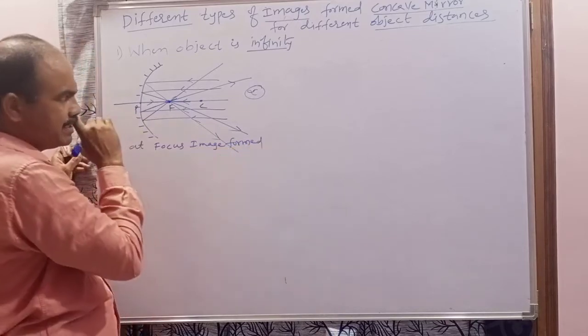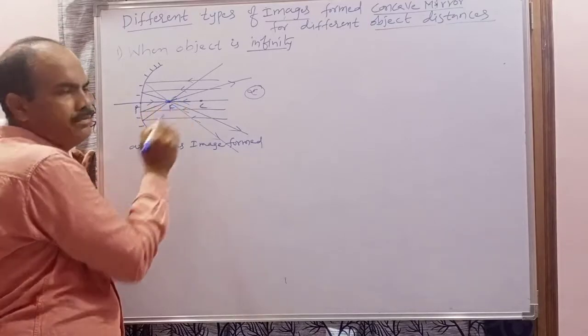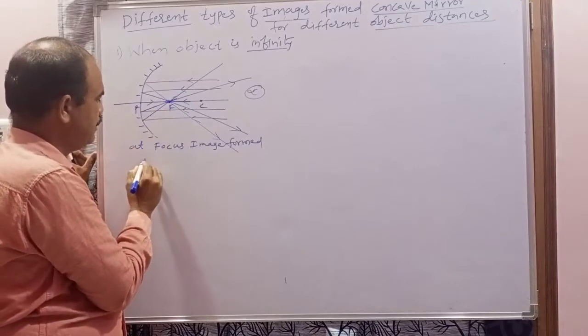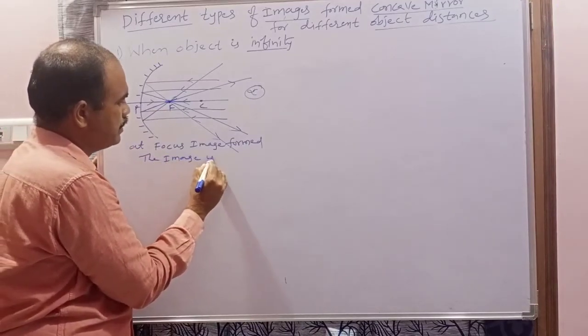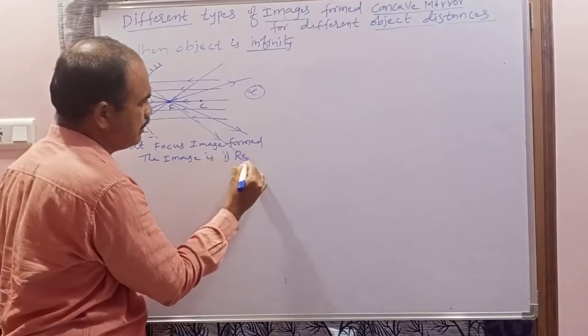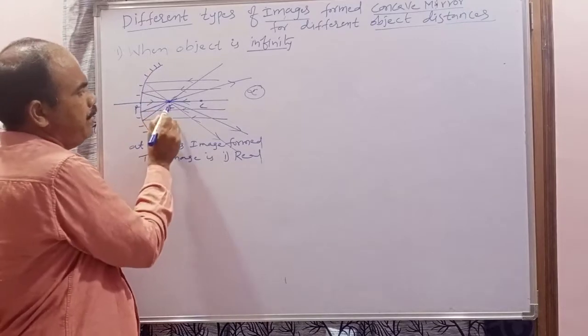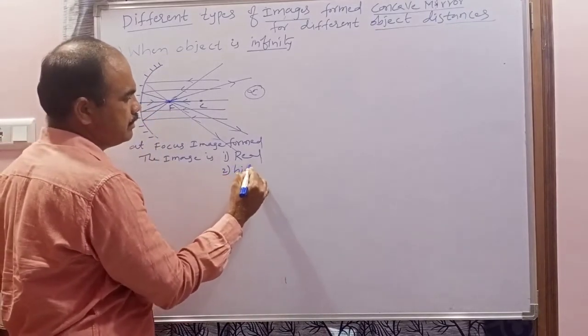Now come to the characteristics of the image. This image is formed because the reflected rays are really intersecting. So first, it is a real image and it is formed in point size, so it is called a highly diminished image.